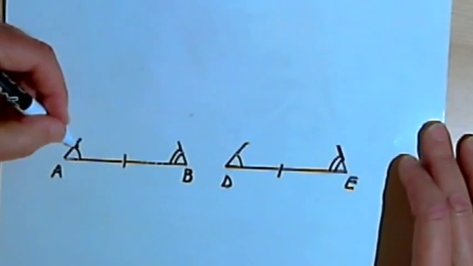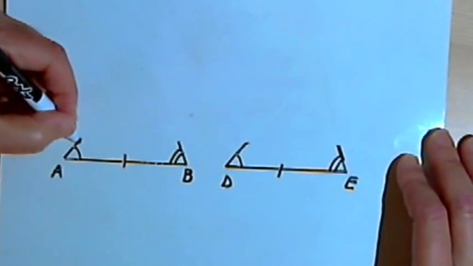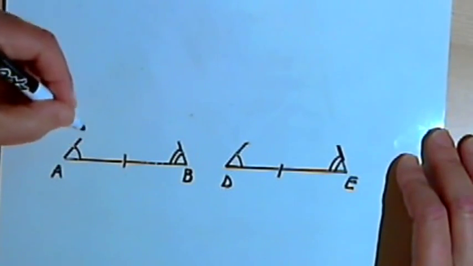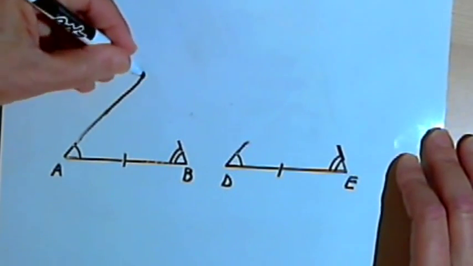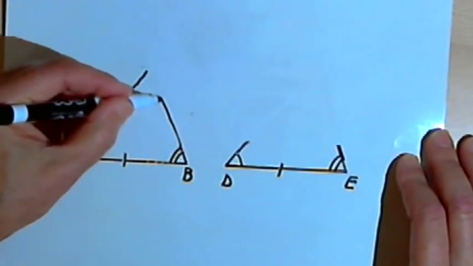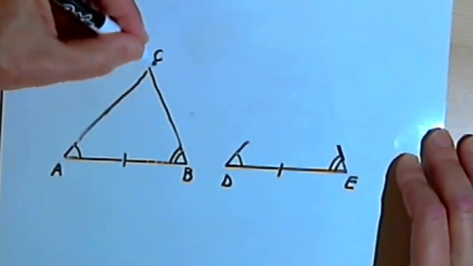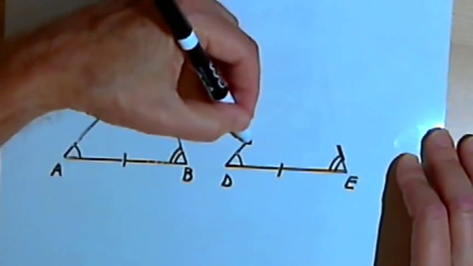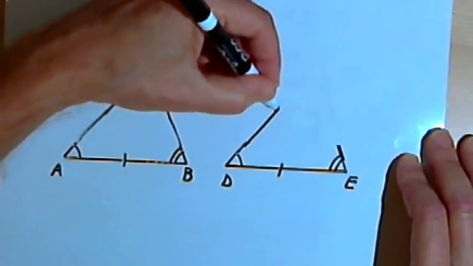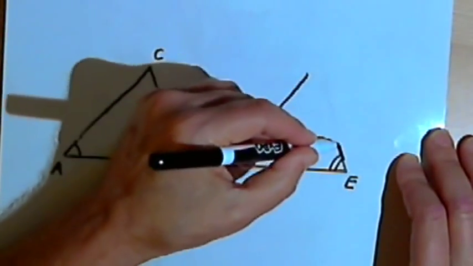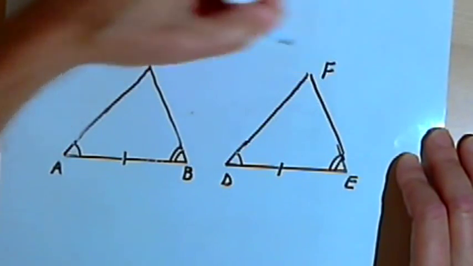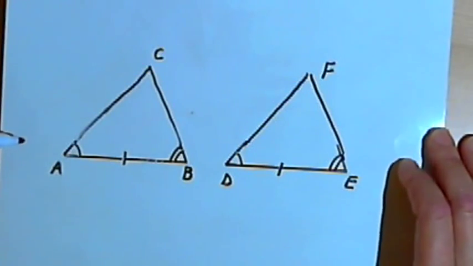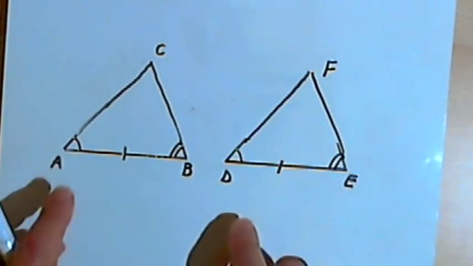Now, if I take the rays going off of angle A and angle B and extend them, they're going to meet somewhere. I'll call the place where they meet point C. And I'll do the same thing for the ray at angle D and the ray at angle E. And I'll say that they meet somewhere, and that's F. Now once again, think about this.